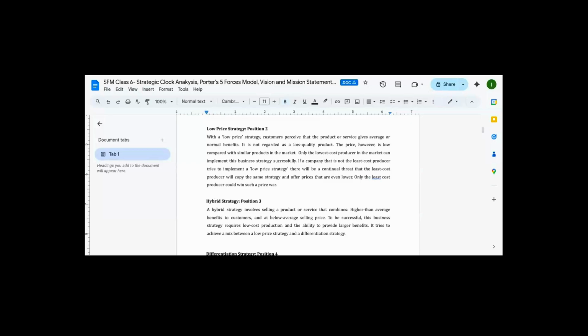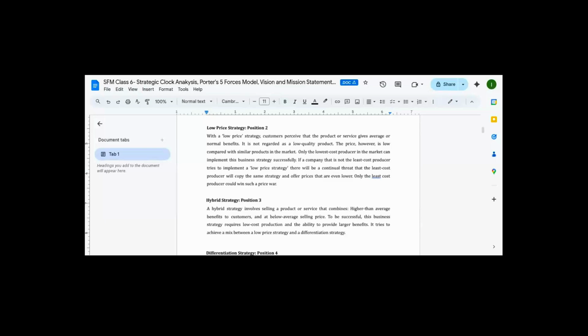So let's proceed further and see. A hybrid strategy involves selling a product or service that combines higher than average benefit to customers and a below average selling price. So this strategy involves the use of price and any strategy of choice.